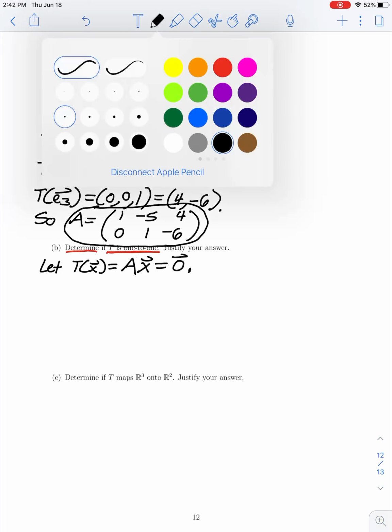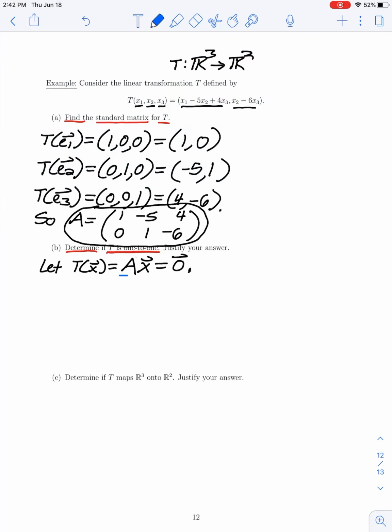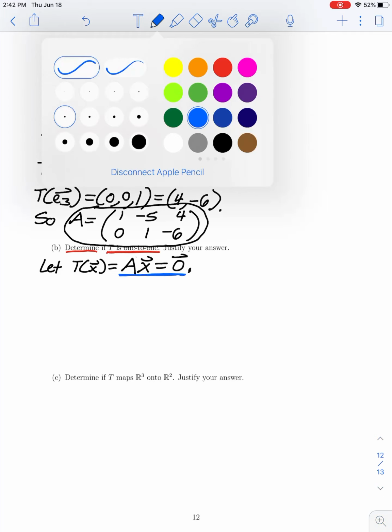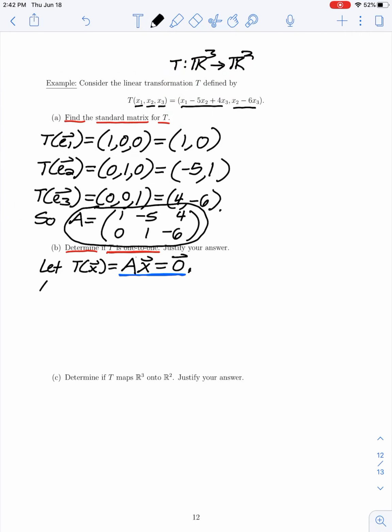So this system that we're considering, or this matrix equation, A times x equals 0, defines a homogeneous linear system whose augmented matrix is given by 1, -5, 4, 0, 1, -6. And since this is homogeneous, we're augmenting with the 0 vector on the right-hand side.